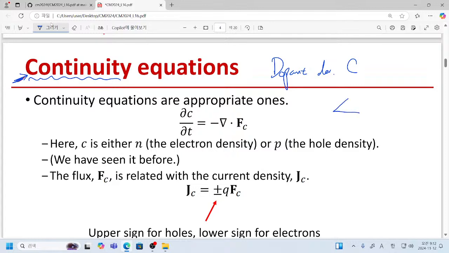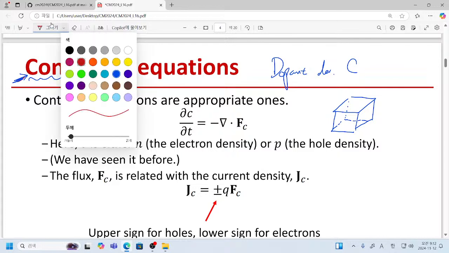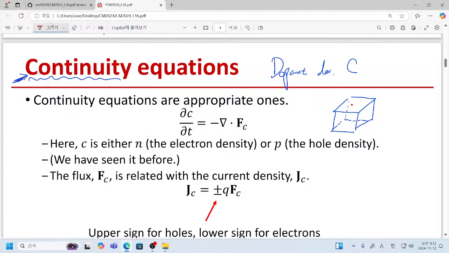Simply speaking, if we have a certain area, there can be many different ways to change the number of particles inside this box. One possible way is just to add more particles through 6 surfaces or 6 faces of this small box. That is one way to increase or decrease the number of particles.